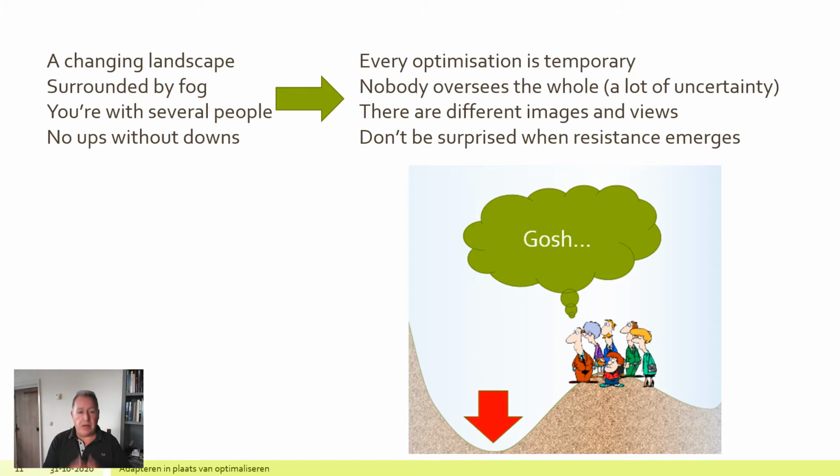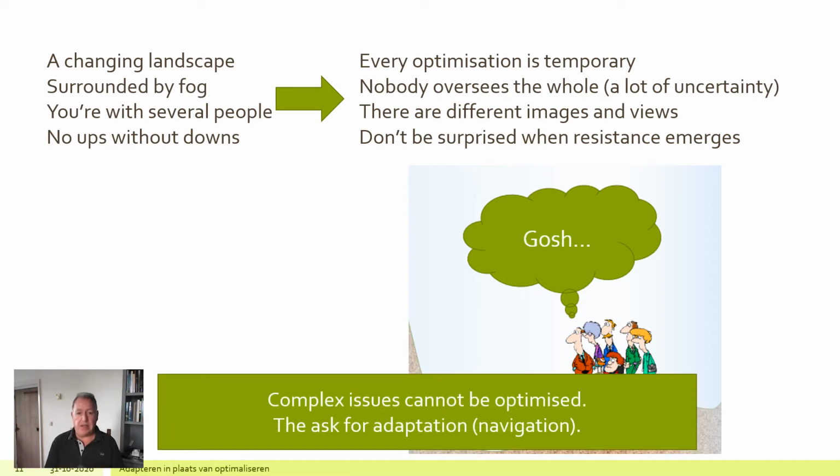And when you want to go to another hill, you have to go through a valley. There are no ups without downs, so don't be surprised when resistance emerges. The conclusion is that complex issues cannot be optimized. They ask for a strategy of adaptation and navigation.